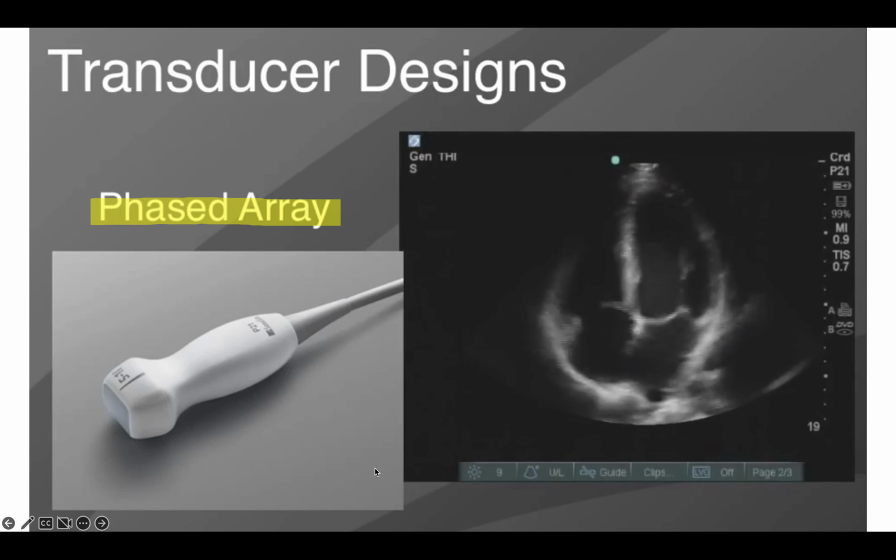Another type of transducer is a phased array, also known as a cardiac transducer. This one is designed to get us a good image despite small acoustic windows between ribs. We'll talk more about it when we talk about POCUS and echocardiography.